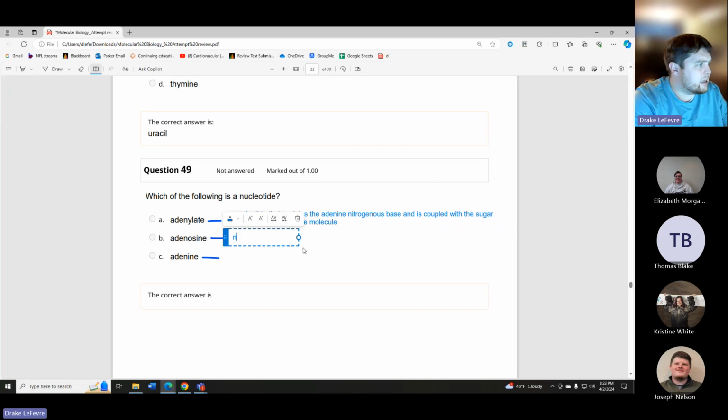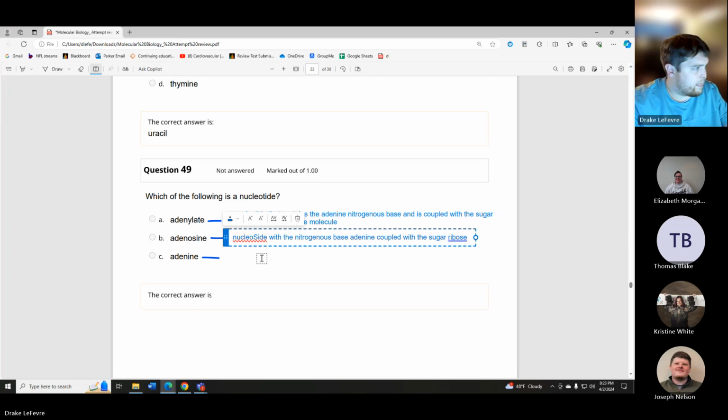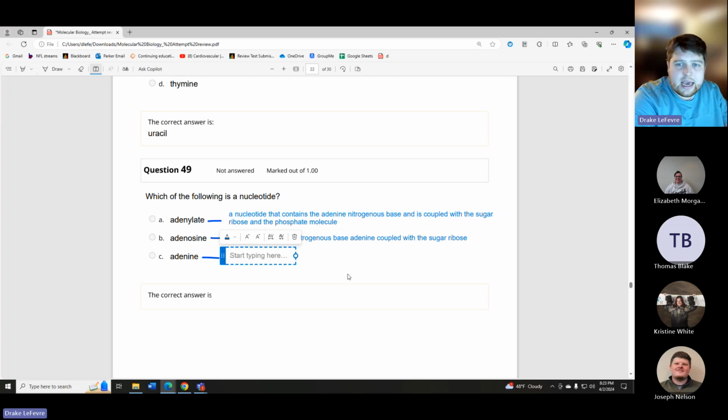Adenosine is a nucleoside with the nitrogenous base adenine coupled with the sugar ribose. And adenine is a nitrogenous purine base with a double ring structure.